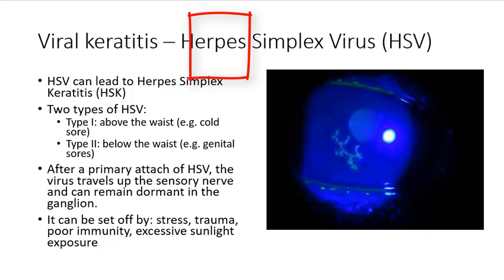Now, as you saw in the table before, there are a lot of different types of keratitis, and in this lecture I'm going to focus only on two types related to viral keratitis, and they are herpes simplex virus keratitis and herpes zoster ophthalmicus keratitis, which is on the next slide.